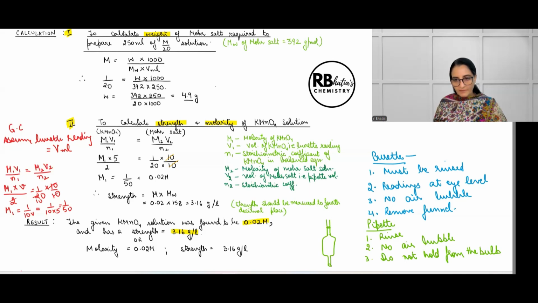It has one single graduation. Let us say this is a 10 ml pipette. We have to see the lower meniscus because we are going to take a colorless liquid here. There should be no air bubble inside. And we don't hold it from here. We hold it from here. I hope these points are clear.